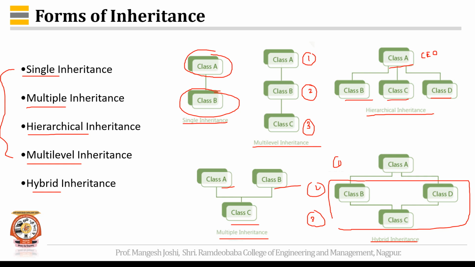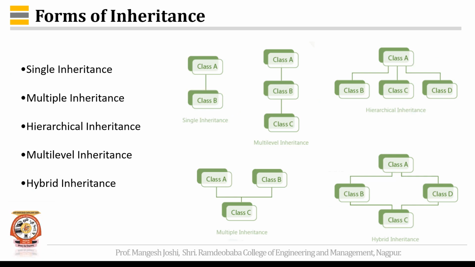So this is the combination of 3 inheritances, and that's why it is named hybrid inheritance. Now hybrid inheritance is sometimes also known as multi-path inheritance. As the name indicates, it's a multi-path.